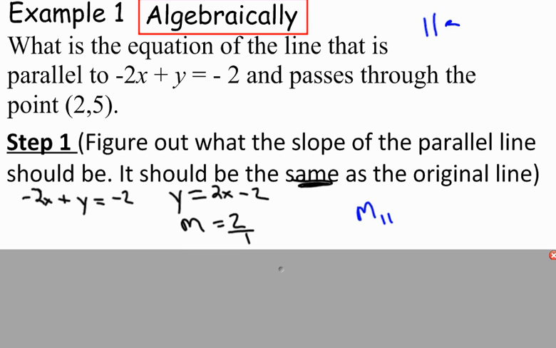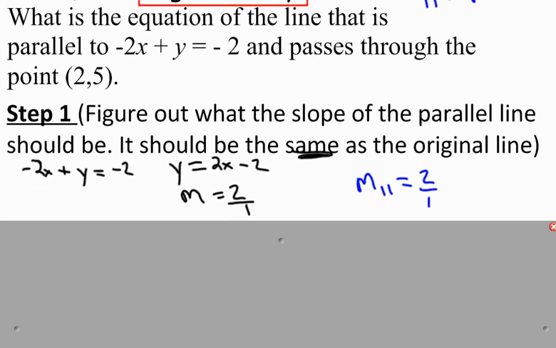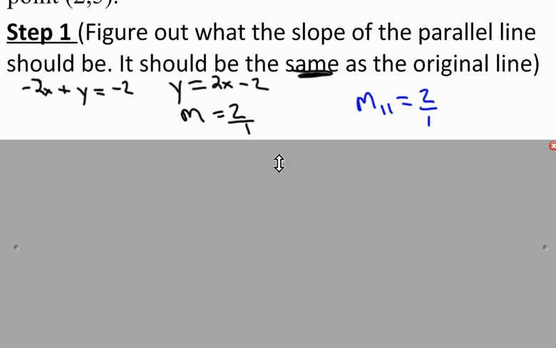This symbol means parallel. So the slope of the parallel line should be the same. It should also be 2 over 1. So step 1 is figure out what the slope of the parallel line should be. It should be the same as the original line. So we did step 1.